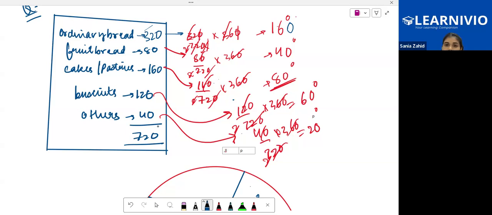Amar, have you drawn? Yes, ma'am. I'm on the last one. Okay. Can I show? Yes, show.